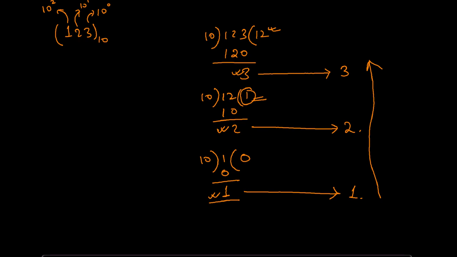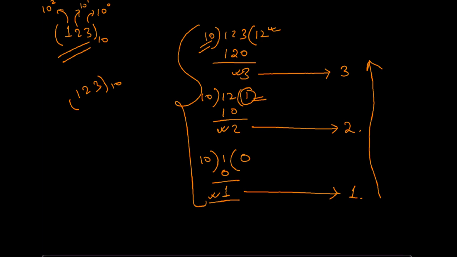In a similar manner you find the digits of a number in another base. Like if you want to find the binary equivalent of 123, you will use this method only, but you are going to divide not by 10 but by 2.